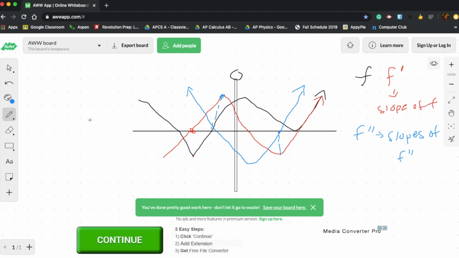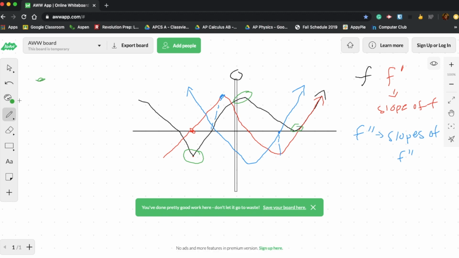Alright, and one thing to note, which I found pretty cool, is that every time you take the derivative of something, it's losing a turning point. Example, right here. 1 turning point, 2 turning points, 3 turning points, right? So that's green.